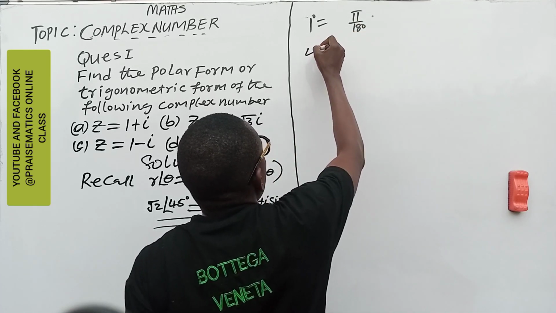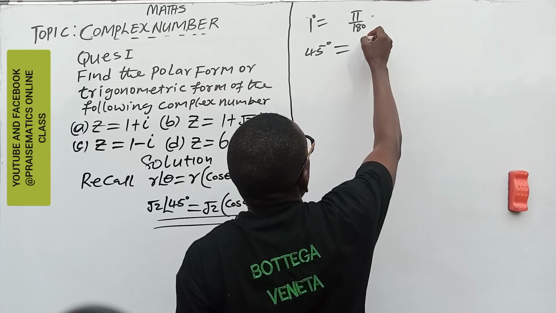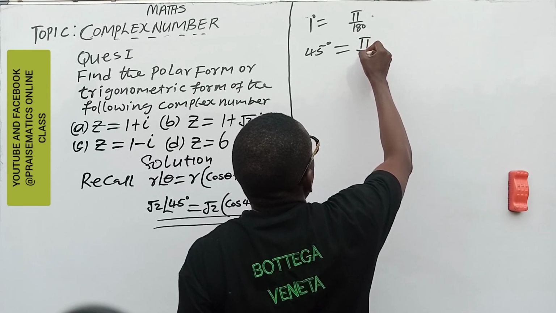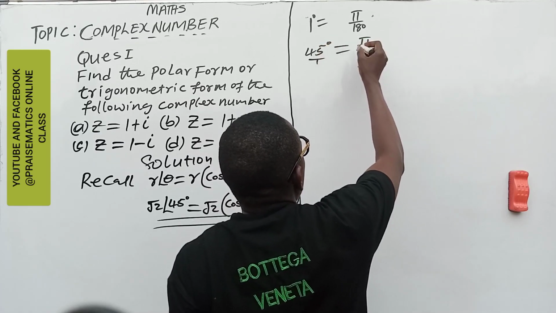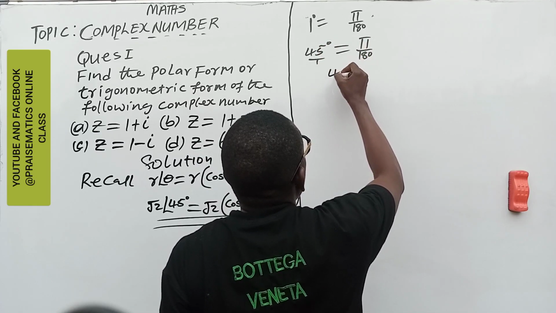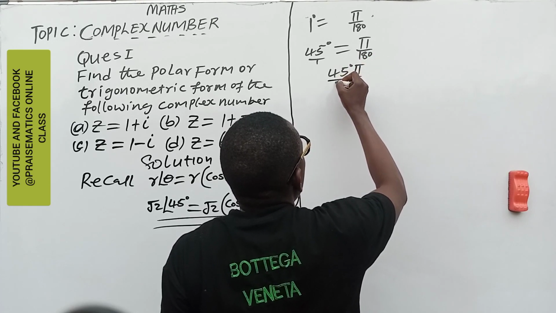So if we want to convert that 45 degrees, it will be 45 degrees multiplied by pi all over 180.